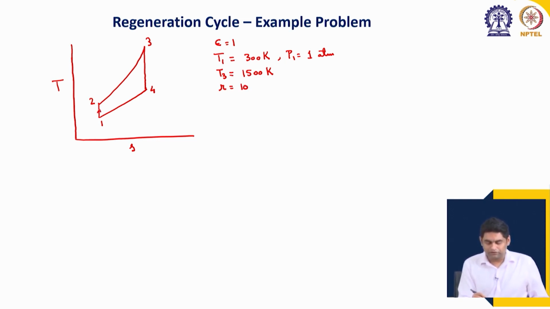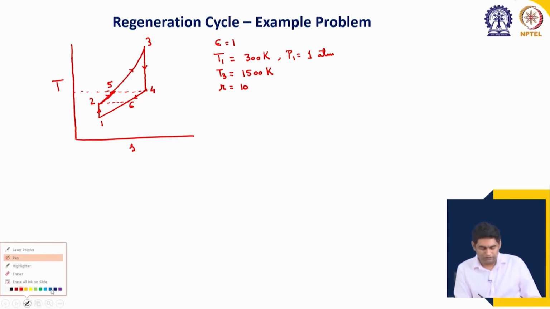Now from 1 to 2 we have the compression, then from 2 to 5 we have the heat addition in the regenerator. From 5 to 3 is the combustion process, then from 3 to 4 is the expansion in the turbine, and from 4 to 6 is the heat transfer from the combustion products in the regenerator.